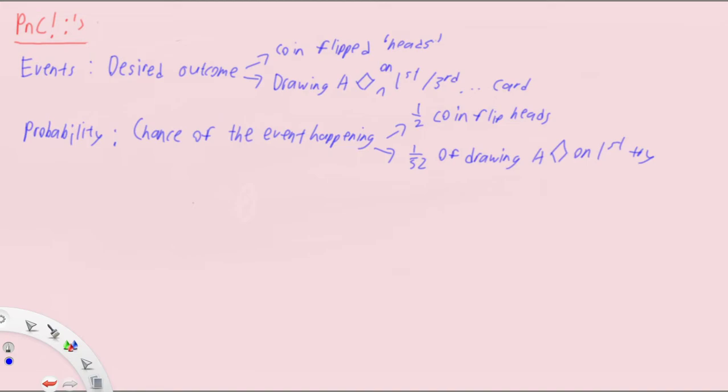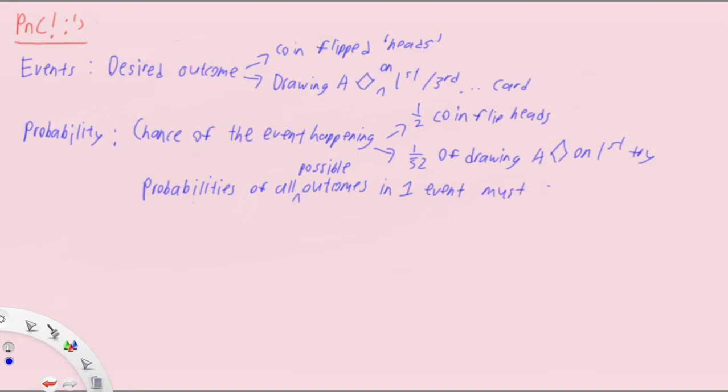And now another thing about probability, and it's a very important idea, is that the probabilities of all outcomes or all possible outcomes in a single event must add up to 1, all right? Because it should make sense, right?